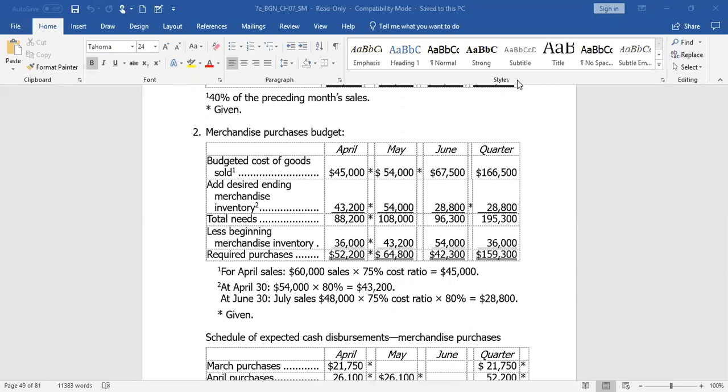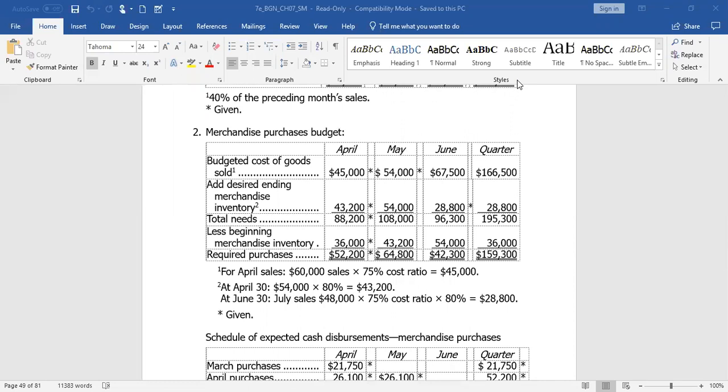Then that's everything we need. Well, we start each month with stuff already there, so subtract what is ready to be sold as of the beginning of the month. For the month of April, we need a total of $88,200 of inventory.